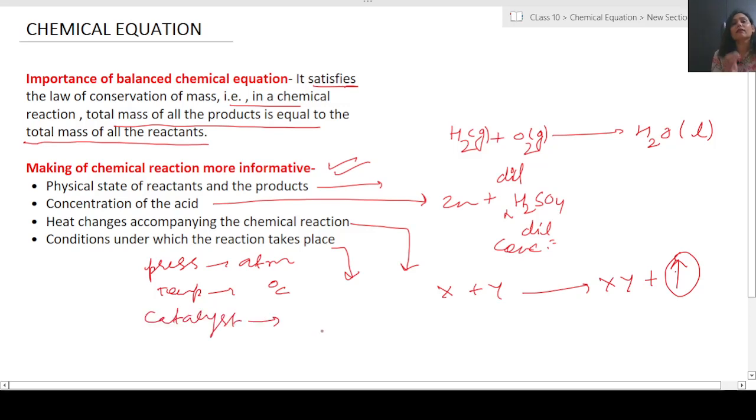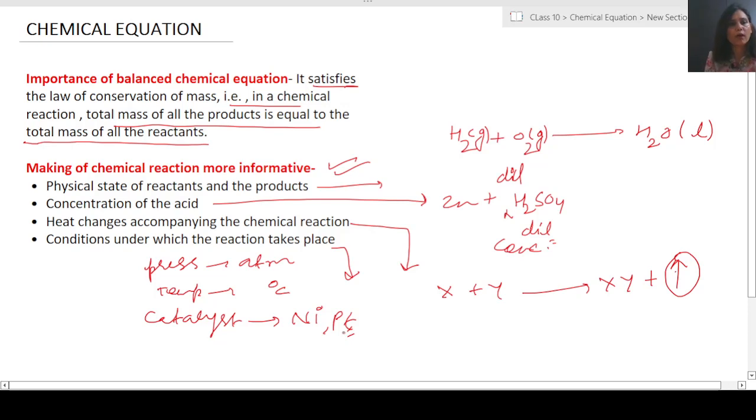A catalyst is an atom or any kind of material substance which can increase the rate of the reaction. Rate of the reaction means that it speeds up a chemical reaction. It does not get involved, it only speeds up. Common catalysts are nickel and platinum, so we just mention their symbol over the arrow.